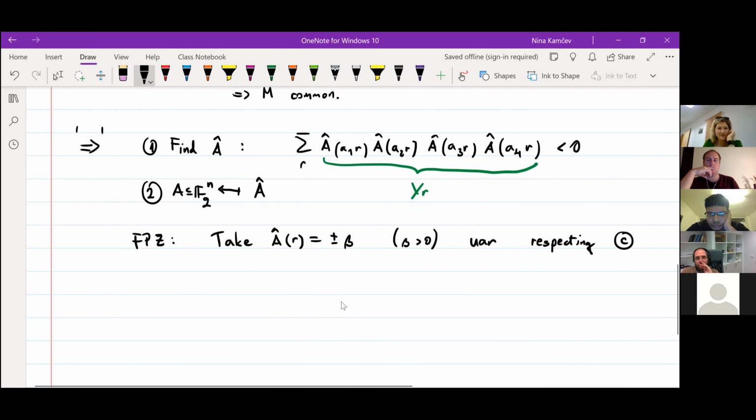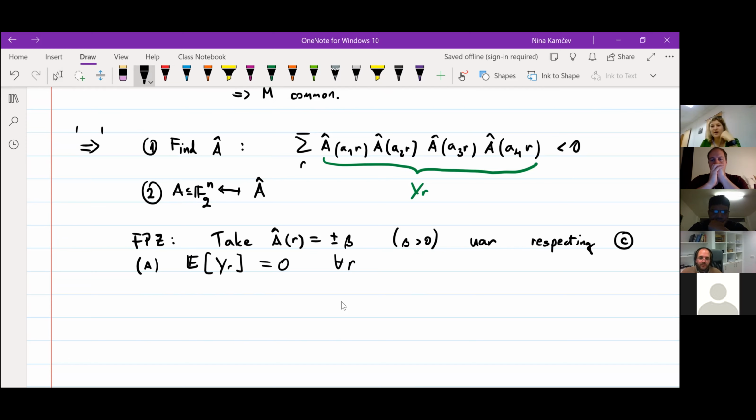For step A, we argue that the expectation of YR is actually 0 for each R. The way you argue that is, these are kind of 4 coin tosses, and you argue that at least one coin toss is independent of the others.